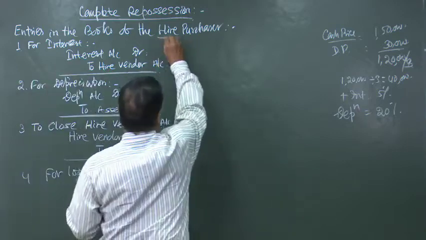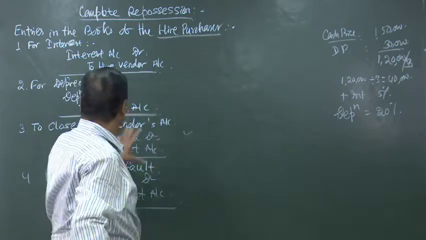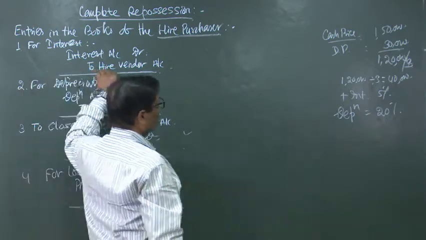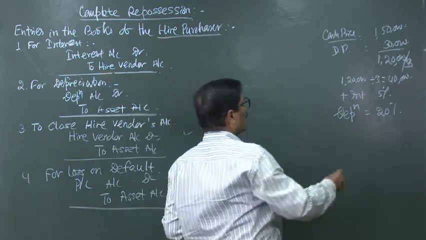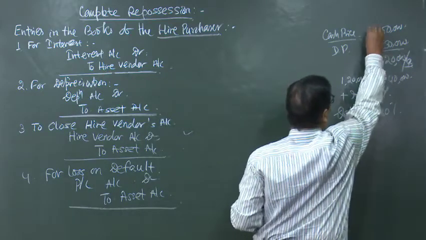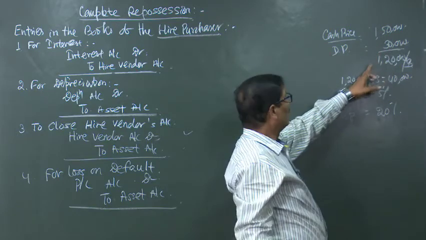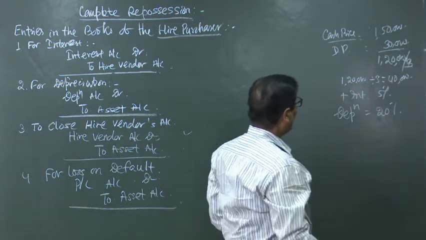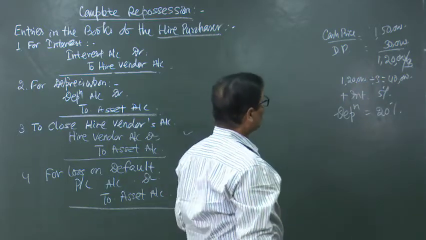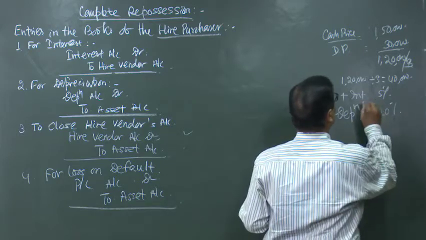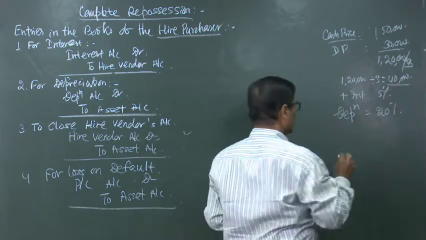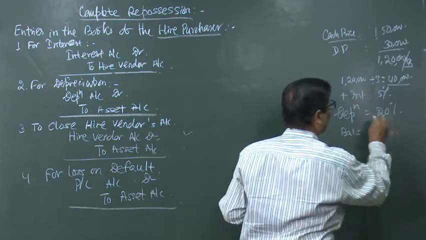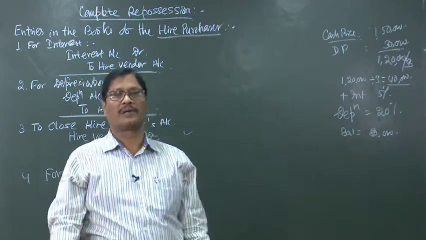But here it is in the books of the hire purchaser, so we are not interested in that; simply these entries will be passed. First of all, interest account debited to hire vendor, how much? Out of rupees 1,50,000, a down payment of 30,000 has been made. So the amount due at the beginning of the second year is 1,20,000, and after the first installment of 40,000 and the interest given, the balance was 80,000 on the opening date of the defaulting year.